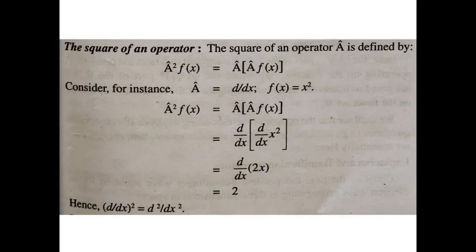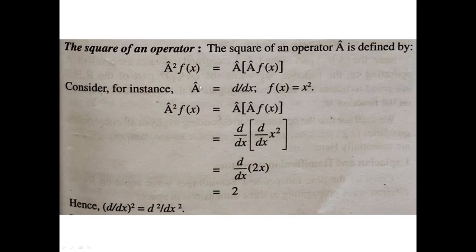Next, the last one in the operator algebra is the square of an operator. The square of an operator is defined by a hat square fx equal to a hat into a hat fx.